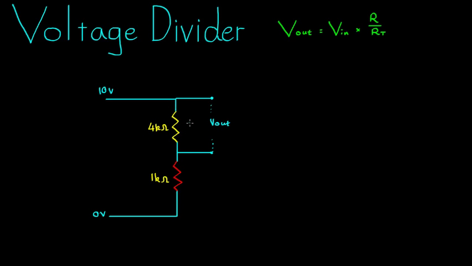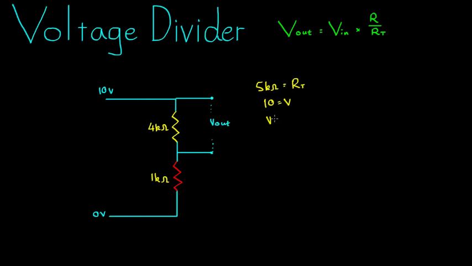First of all, let's figure out how many volts go across this 4 kilo ohm resistor using our old method, using Ohm's law. So the total resistance in this circuit here is equal to 5 kilo ohms. The total voltage in this circuit is equal to 10 volts.